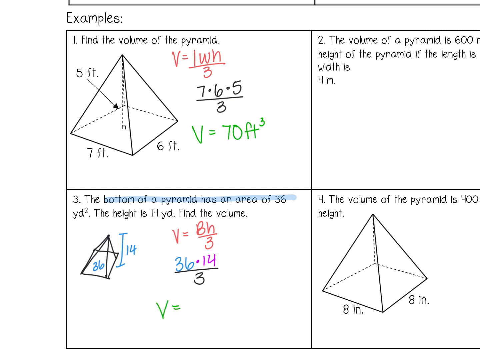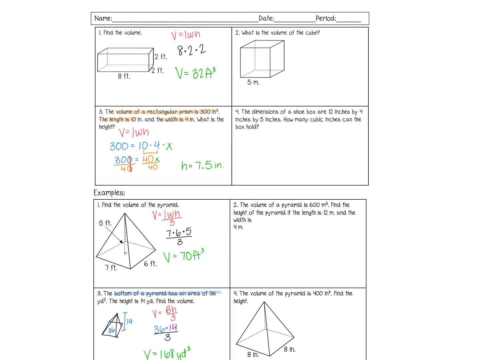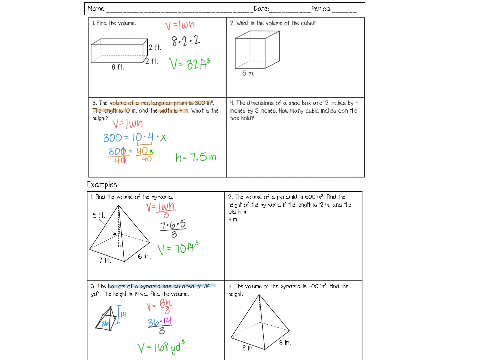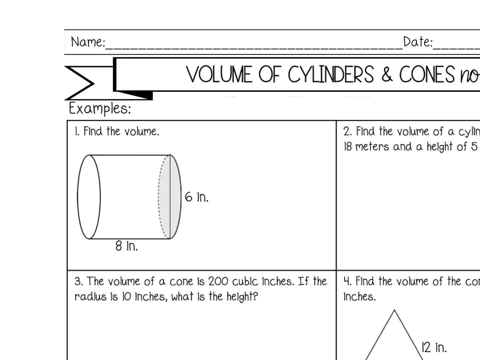Volume equals, good, 168 yards cubed. Questions on the first 4 examples that I solved? You guys will get a calculator, so all you're really doing right now is plugging in. All right, last 4 examples. I'll go back if you guys need it.